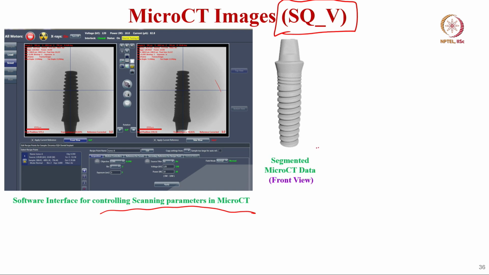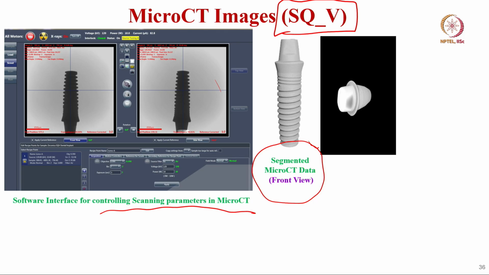So, you have segmented microCT data, this is the front view, and you can see how these ceramic implants are analyzed, with all the different views as the implants are segmented and scanned in the microCT.